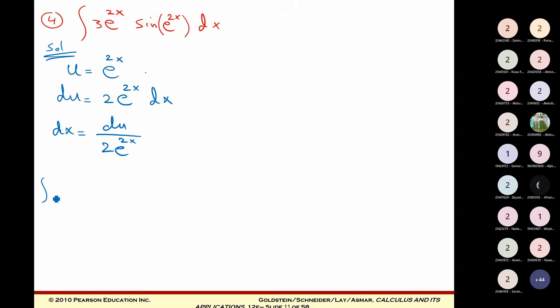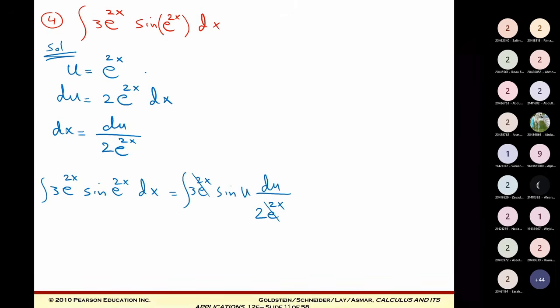Now we have the integral 3e^(2x) sine e^(2x) dx. This is equal to 3e^(2x) sine u and du over 2e^(2x). Now we can cancel e to the power 2x with e to the power 2x.